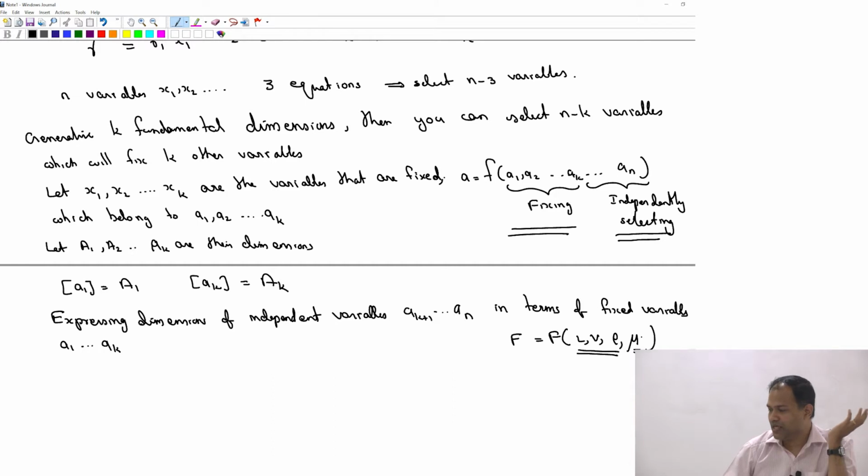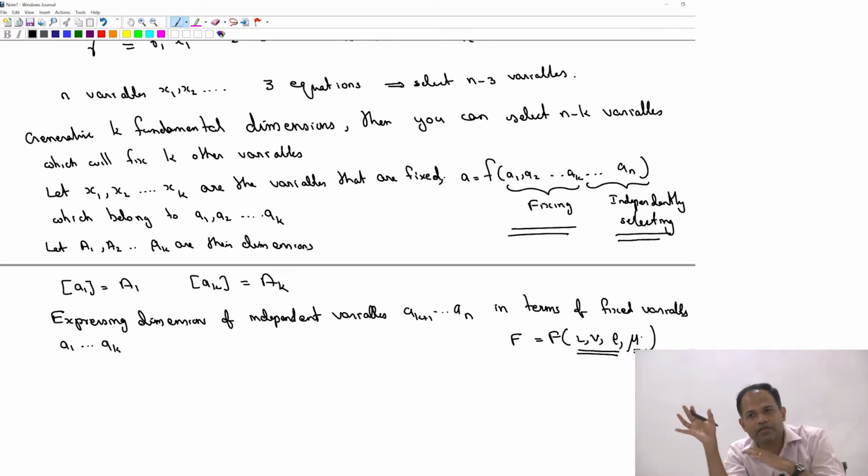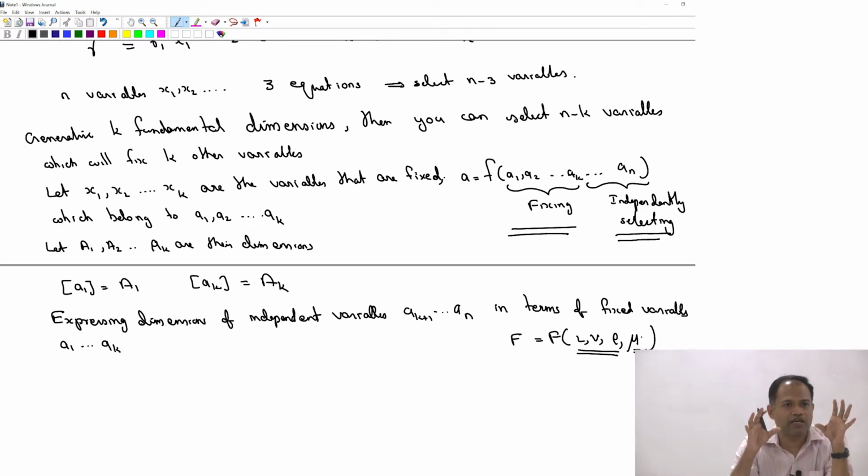Similarly, if I have n variables, I'll select the dimensions of the first k variables, and then the n minus k variables can be represented in terms of the first k variables. This is the way you can represent viscosity in terms of dimensions of L, V and rho.